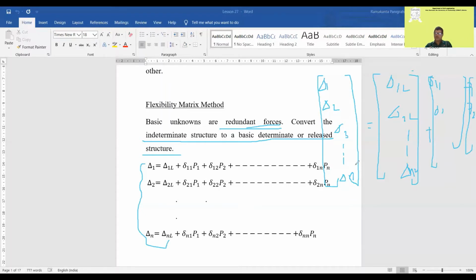More than 3 by 3, you have to go for computer programming, MATLAB or Mathematica or some software. It is not possible to invert a 4 by 4 matrix in the exam hall. A 3 by 3 matrix is also a bit time-taking. So generally you will get a 2 by 2 matrix for solving the problem.